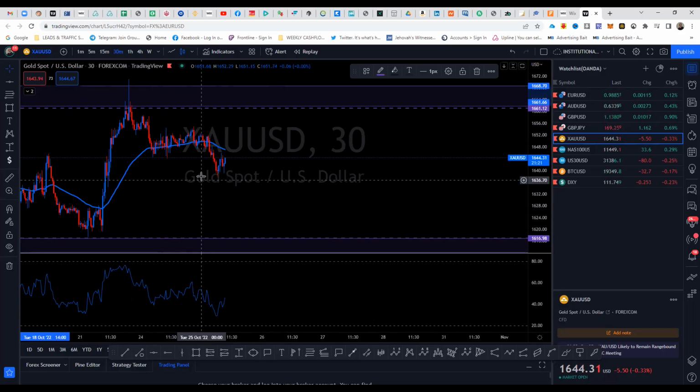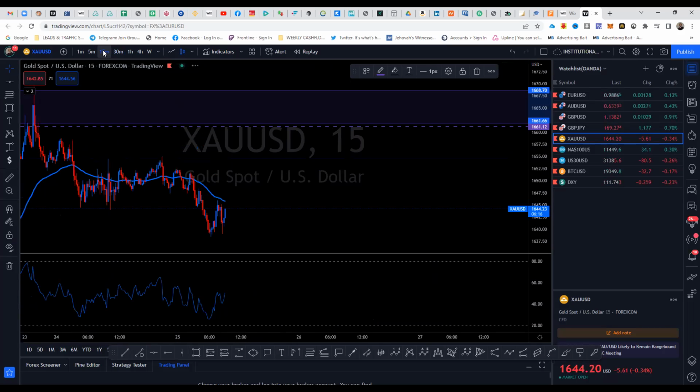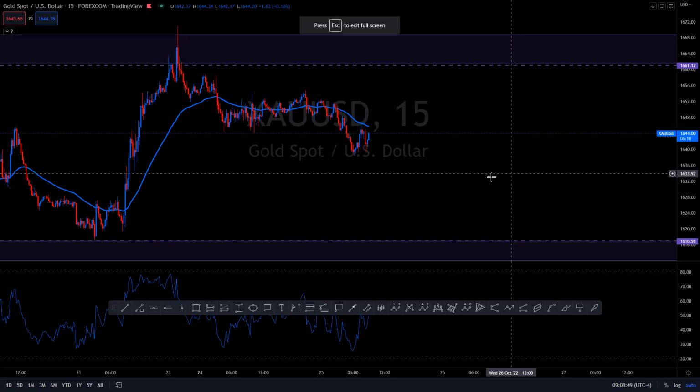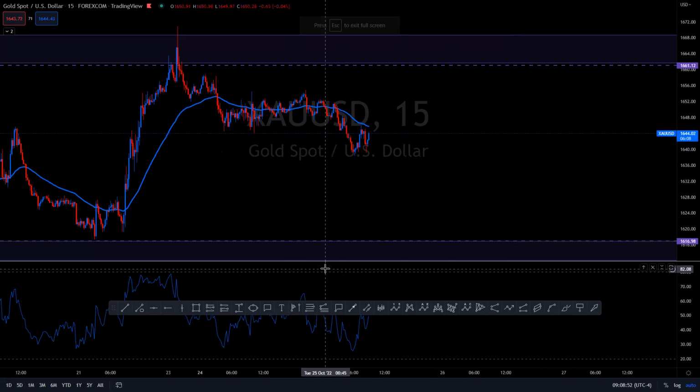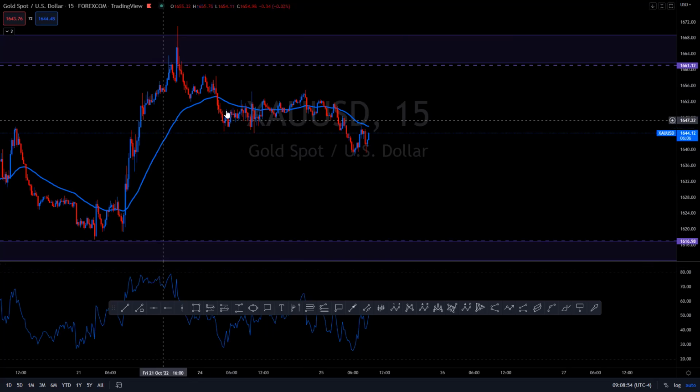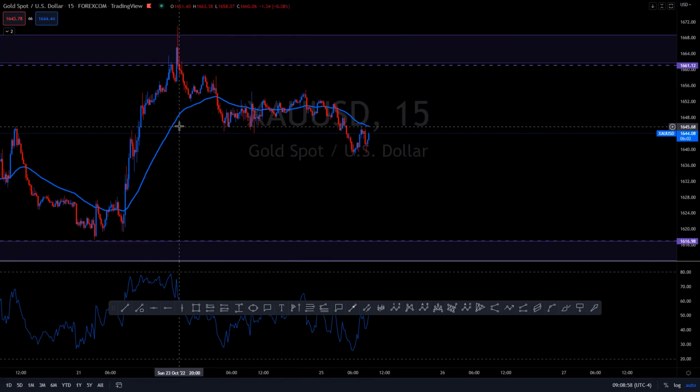On the 30-minute, you kind of see that there might be a strong demand zone here. On the 15-minute, you see how price is kind of pushing up. So what we want to look at is price pushing down to here.